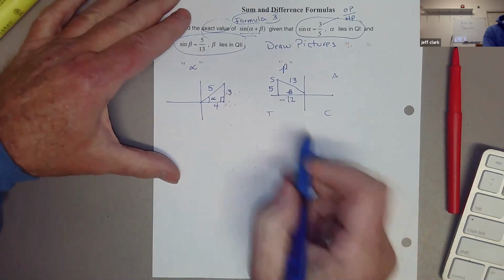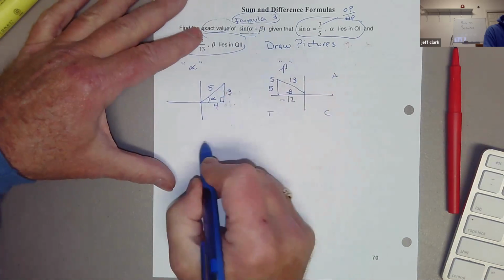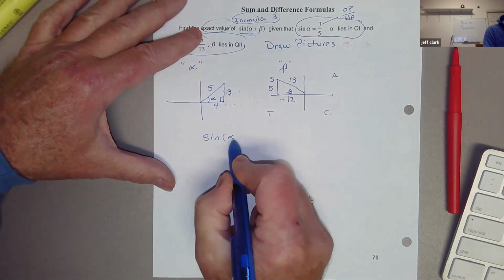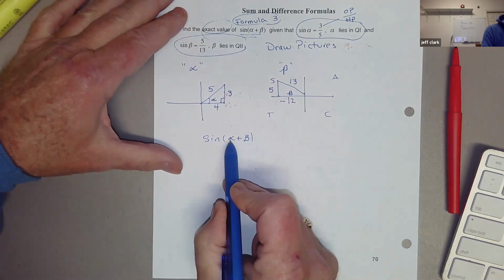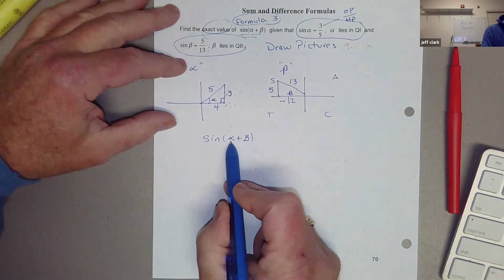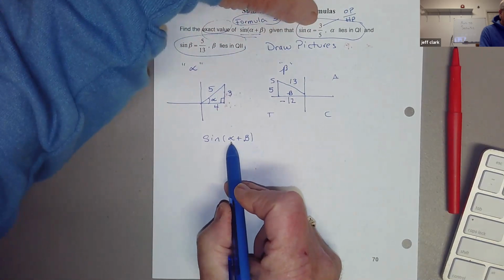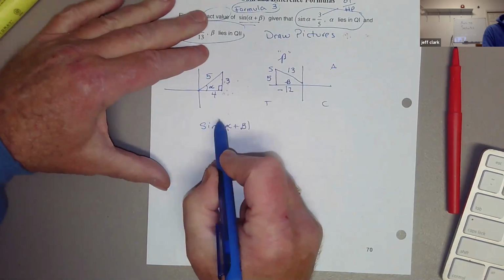So here we go. You can't find this from this form. You can't do that. Just can't. And you are not putting 3/5 there and 5/13. You don't do that because it doesn't say alpha is 3/5. It says sine of alpha is 3/5. And you cannot do this.